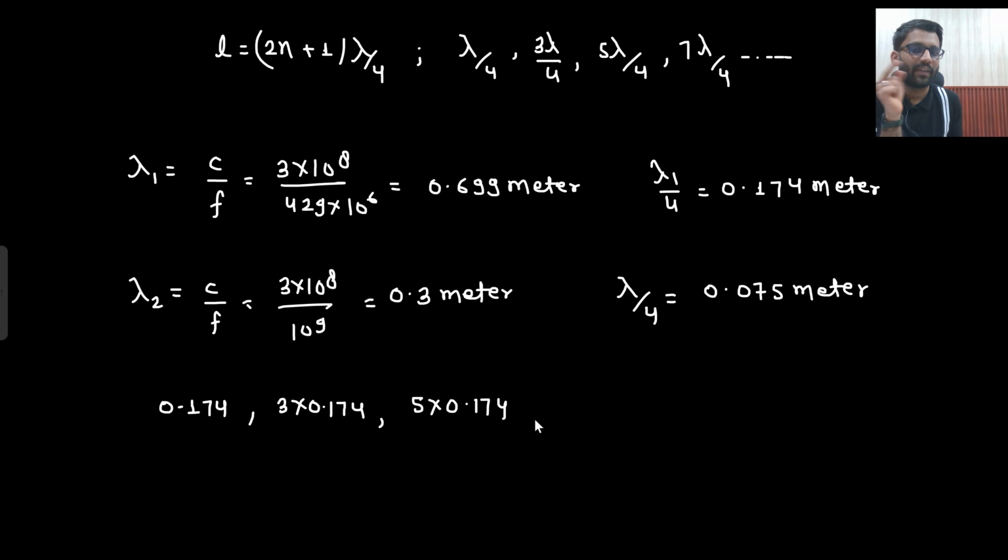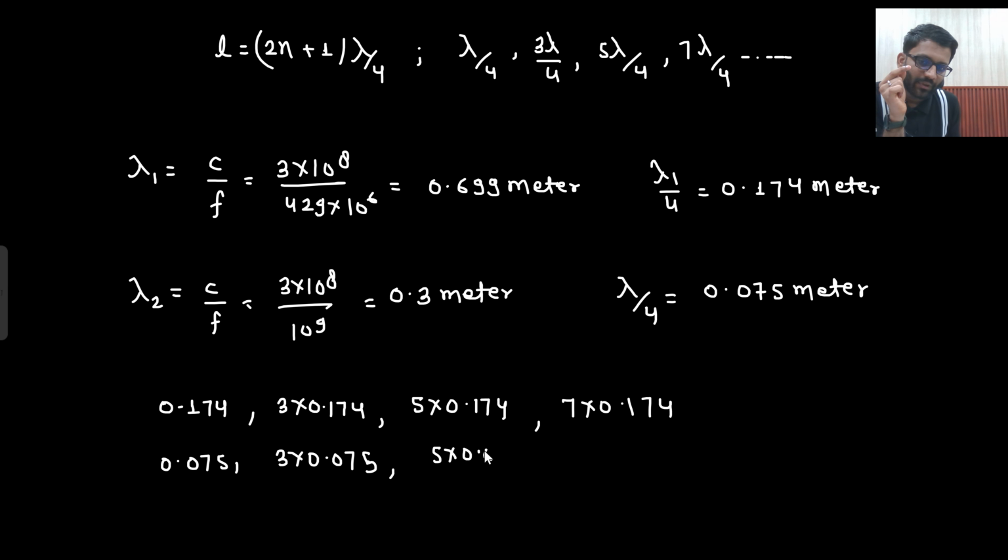So 1, 3, 5, you can put 7 into 0.174. Similarly, here you can put 0.075 or 3 into 0.075 or 5 into 0.075 or 7 into 0.075, or it can go ahead as well. So the length which is common for both of them, that we will pick.